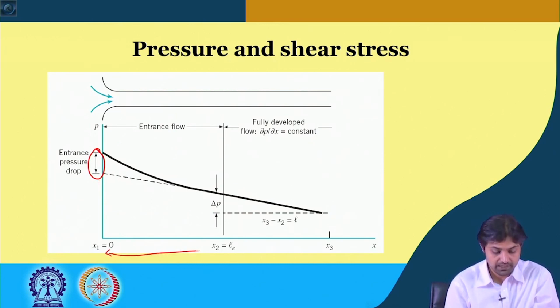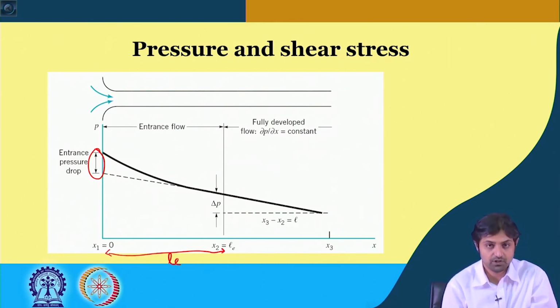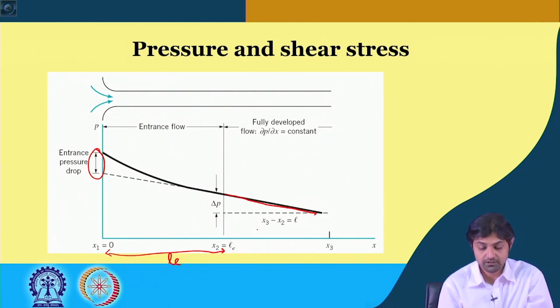This is LE, as we said, and this value can be calculated based on the Reynolds number. If the flow is laminar, it is 0.06 RE, whereas if it is turbulent, it is of the order of RE to the power 1/6. However, after the flow has become fully developed, the pressure drop per unit length, dP/dx, becomes constant.